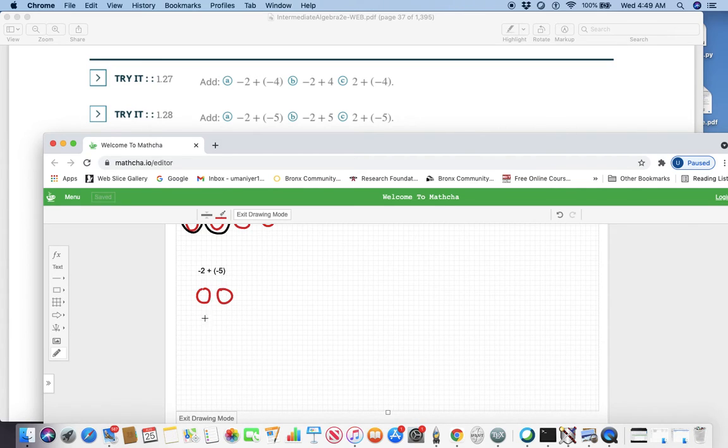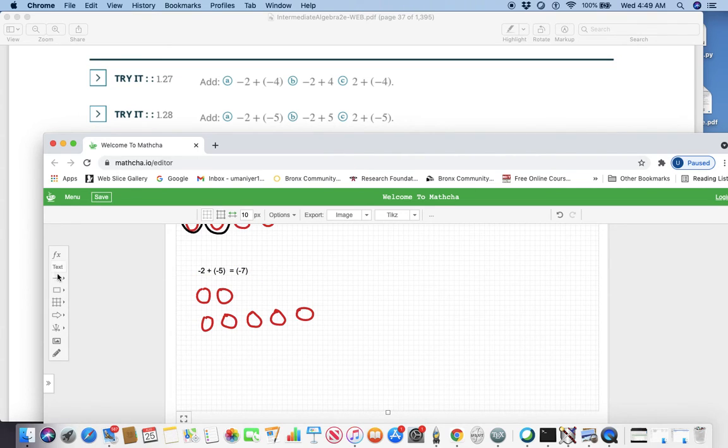So 5 red counters. Looks like they are all red, and therefore you have finally 7 red counters, which is a -7.